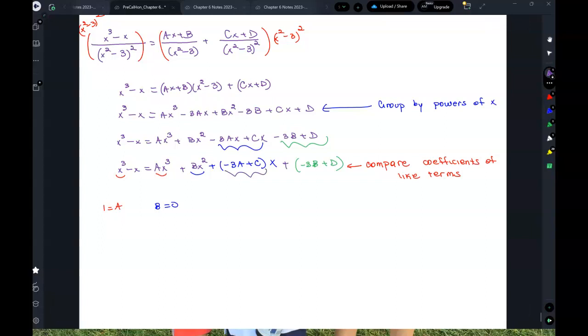What is it on the left side? Negative 1. So I say negative 1 equals negative 3a plus c. And then this is the constant term. To the left, there is no constant term. That means it's equal to 0. So negative 3b plus d is equal to 0.